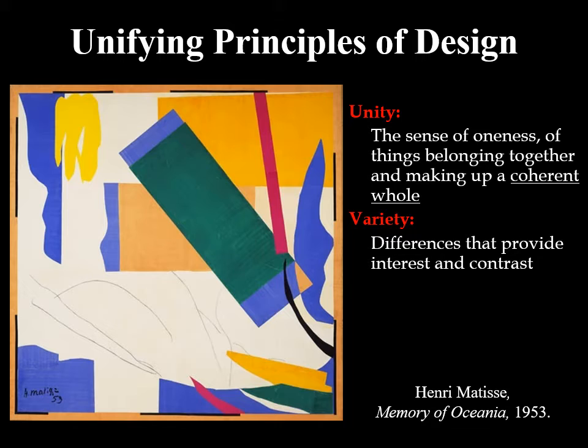So in this case, with Henri Matisse, you might not like Matisse, and regardless of how much you feel this piece is unified or how much variety, you just don't like it. Or maybe you do. It's always up in the air on who likes what.